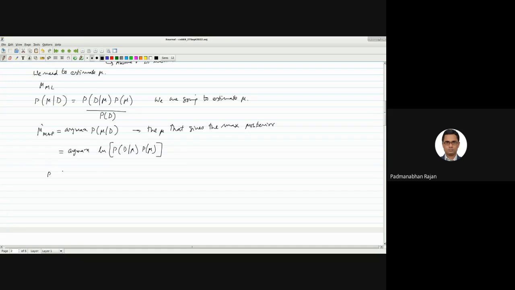We already know P of D given mu. This will be the product over i equal to 1 to n, these are the n data points, of P of x_n given mu.